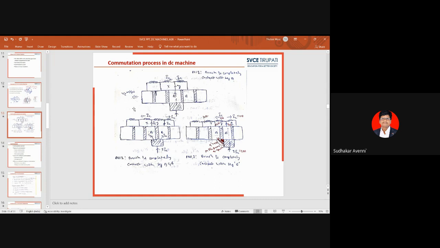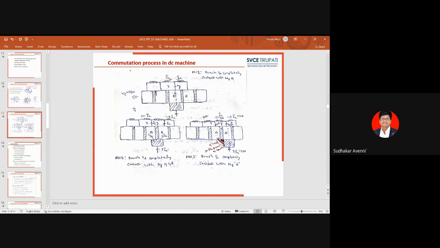So what is meant by commutation here? The reversal of current flows in the armature winding through the brushes is nothing but the commutation process.